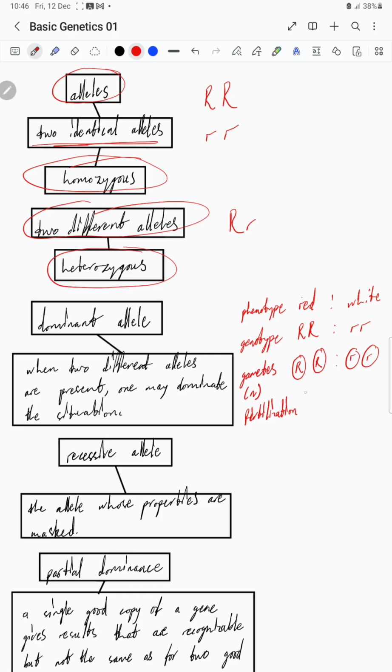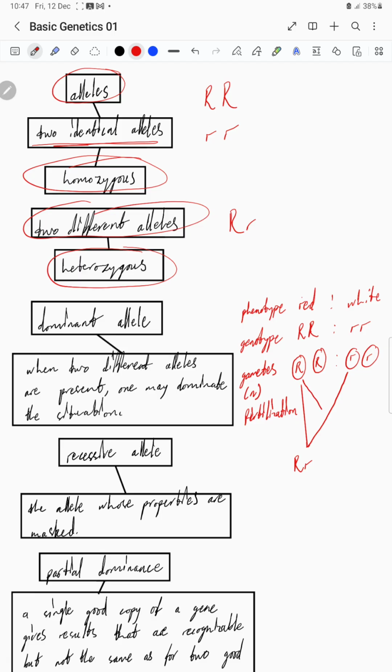During fertilization, we are going to see one chromosome from each side. Let's say one sperm will bring the capital letter R, and this one will bring the small letter r. So we have the capital R and small letter r combination.